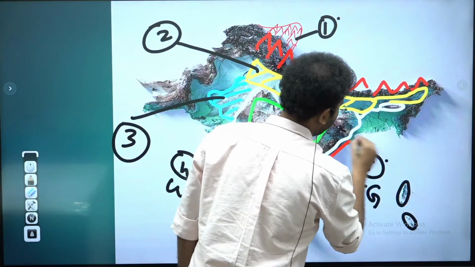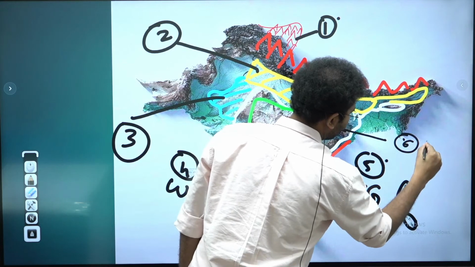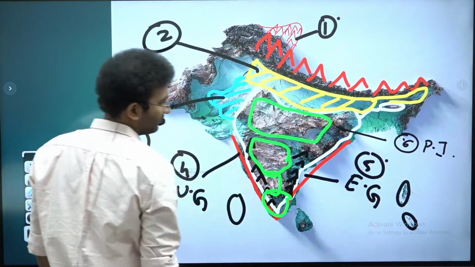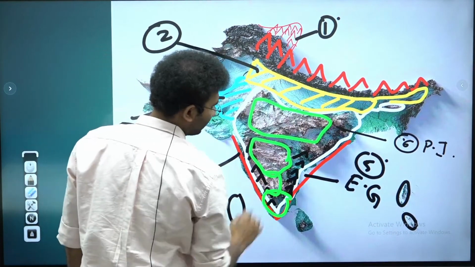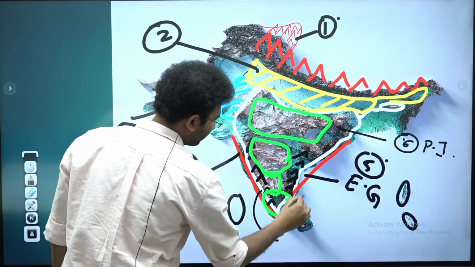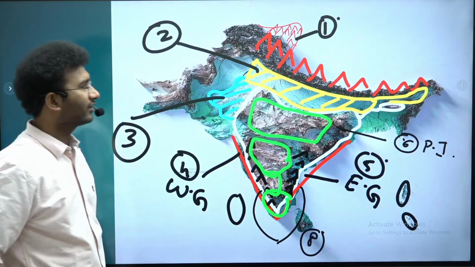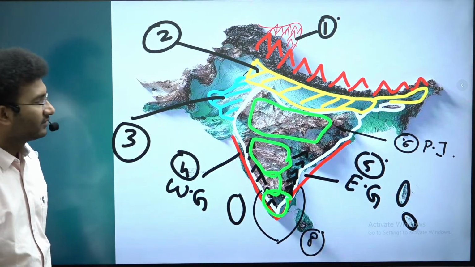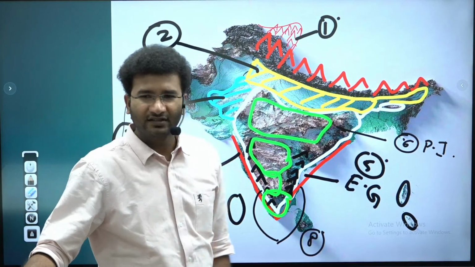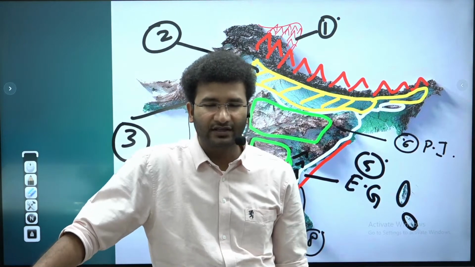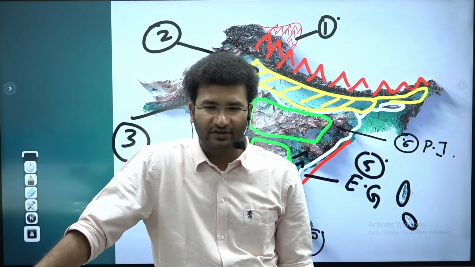This is your Peninsular India. Number 7, you have coastal plains, that is eastern coastal plains and western coastal plains. Let's consider this as number 8. And what else do you have? The islands. So this is the broad classification of the Indian physiographic regions.